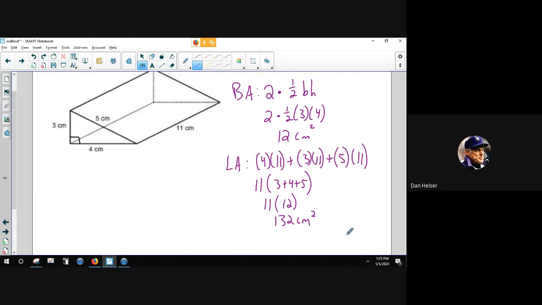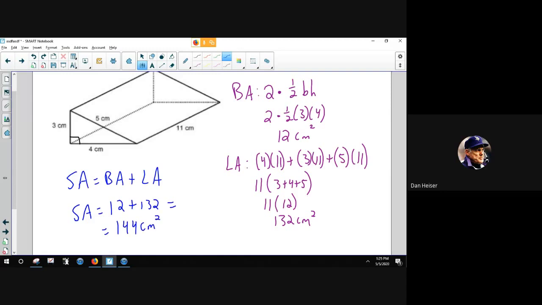The total surface area of this prism is the area of the bases plus all the lateral area. We know this is 12, this is 132. Our total surface area is 144 square centimeters. There's our total surface area.